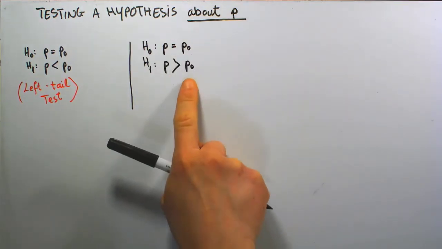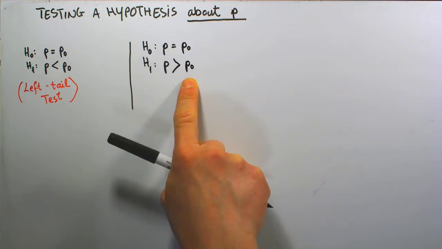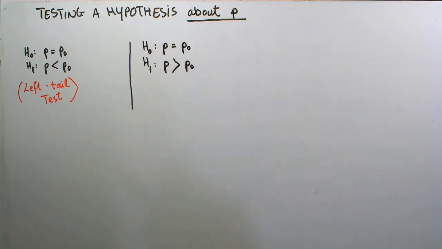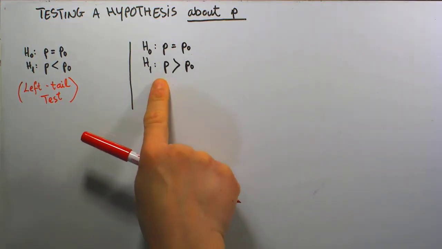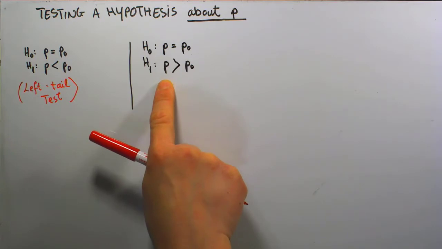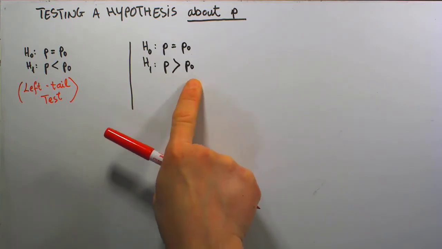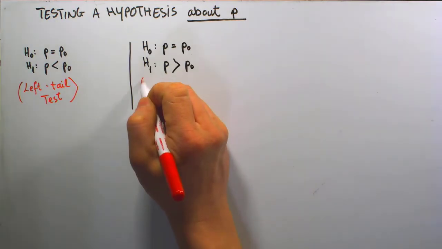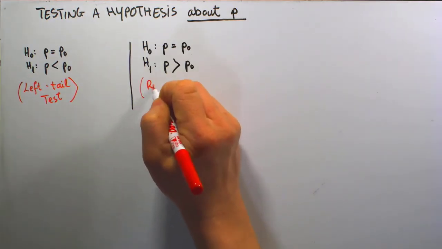This is another case among our tests when we're testing a hypothesis about the population proportion. When the alternative hypothesis is stating that P should be greater than the value that's claimed, we regard the test we're doing here currently as the right tail test.